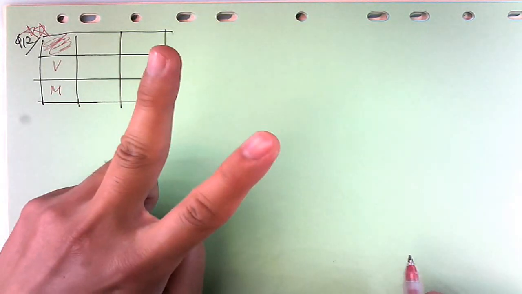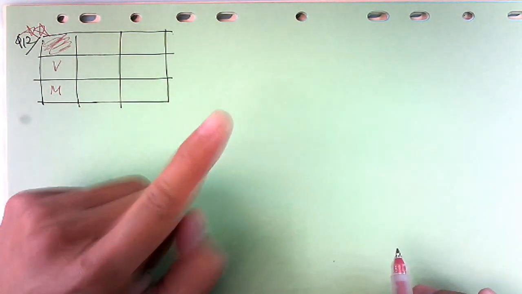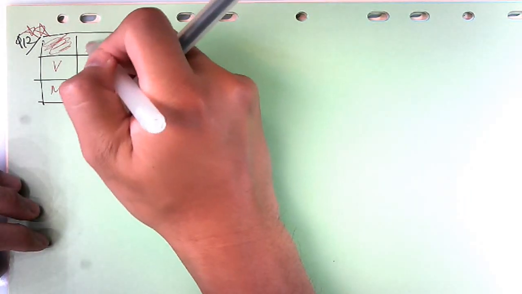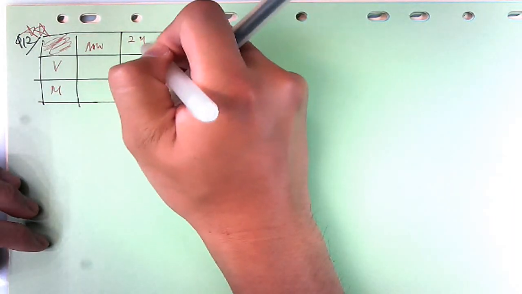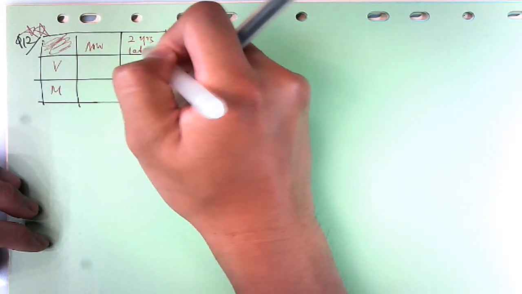And next, you have to fill out the time. The time, you have 2 times here. One is present, okay? The other one is 2 years later. So present meaning now, okay? Now. And then 2 years later, you can write here, 2 years later.